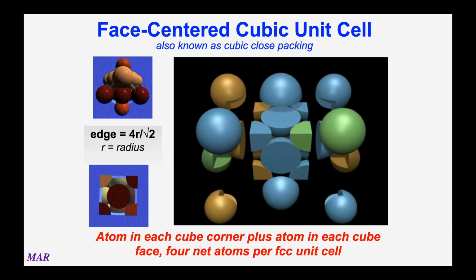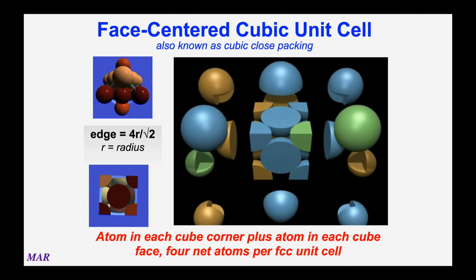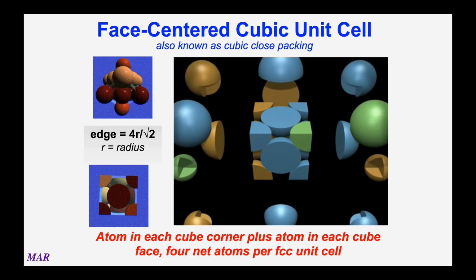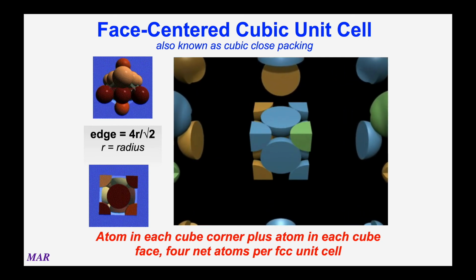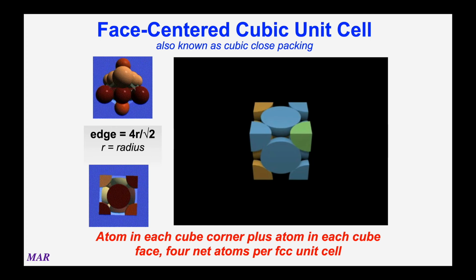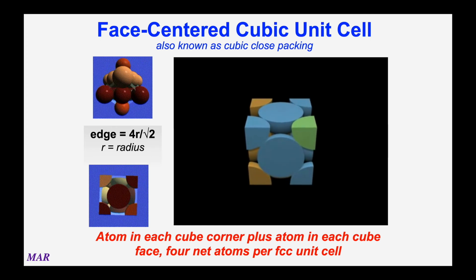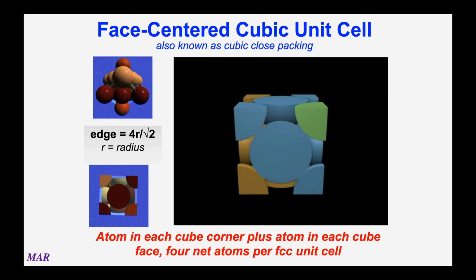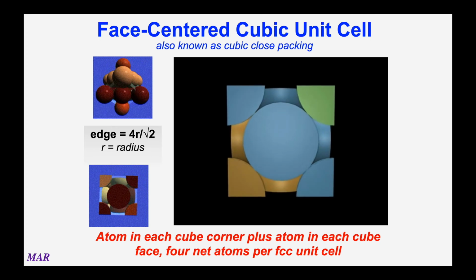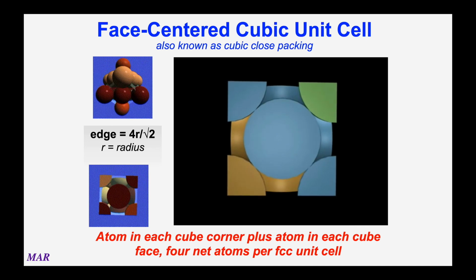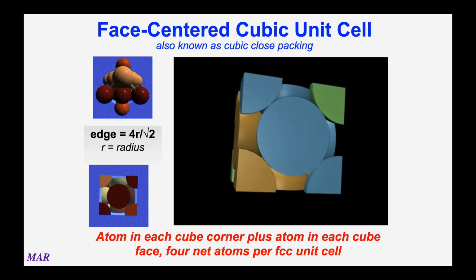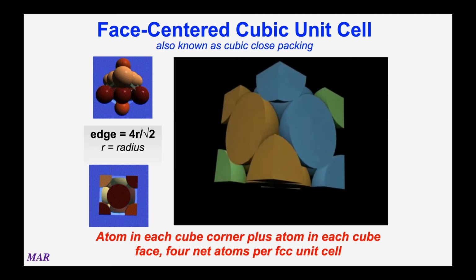So when it comes to the number of atoms in face-centered cubic, you still have the 8 times 1/8, which is one net atom, but now you have 6 faces with half of an atom per face. So 6 times 1/2 is 3, plus the 1/8 times 8, 1 atom, 4 net atoms per FCC cell. That's the amount of atoms that are still left once you shave it all off.